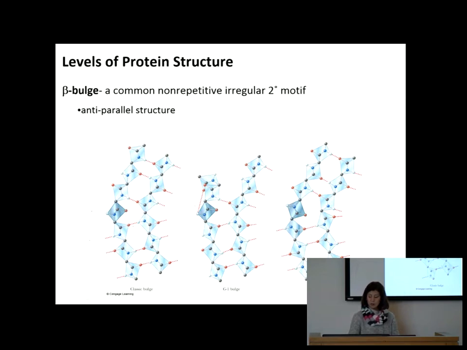So that can result, I don't know what the difference between a wide bulge and a classic bulge is, but you can see that it's just one left out. Here we leave one out, and this one is hydrogen bonding with something, sort of almost trying to do something else here. I don't expect you to memorize what's happening. I just want you to know that different things can happen.